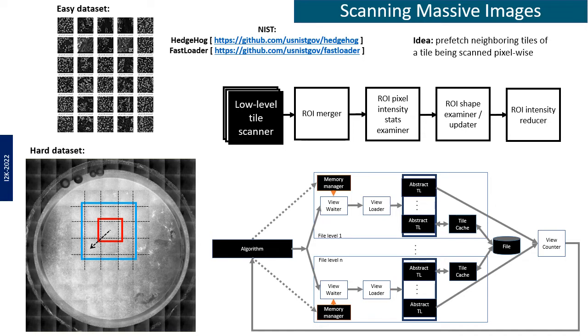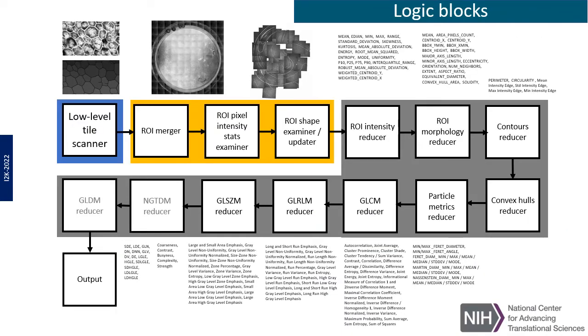Its purpose is predictive prefetching of mosaic image tiles while iterating pixels of a previously fetched tile. So the feature calculation from input to output is a sequential process. Nevertheless, we managed to organize it in 3 blocks of logic, each block having its own parallel algorithm behind.